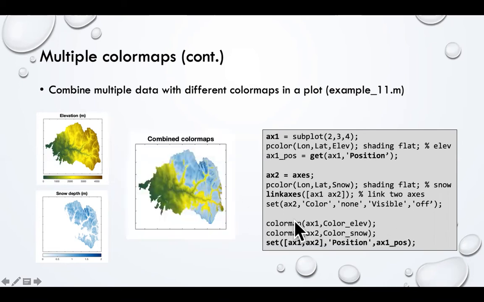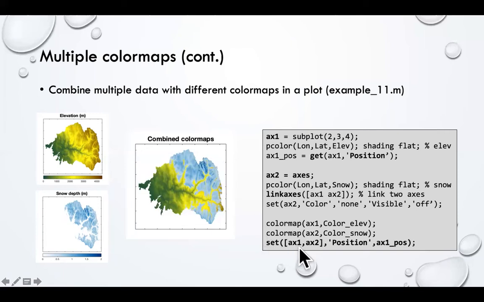And the third thing is I add a color map. I have one color map for the elevation and a second color map for the snow. It doesn't matter. Here I didn't show it, but in the figure you can see different color maps show your different data sets. I want the two figures put together.